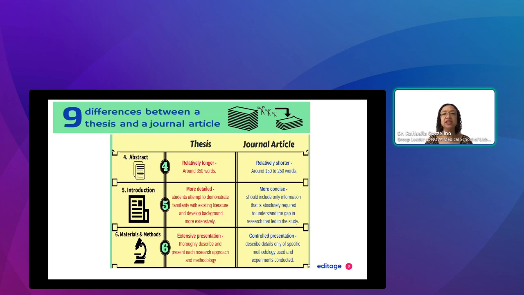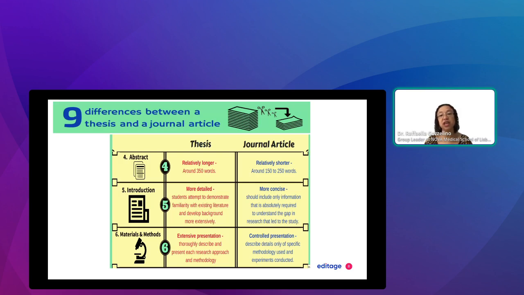So the material and methods as well follow the same pattern. In the thesis, you need to provide an extensive presentation of this section, describing in very careful detail and precisely everything you did and the research approach that was best suited for performing your experiments.